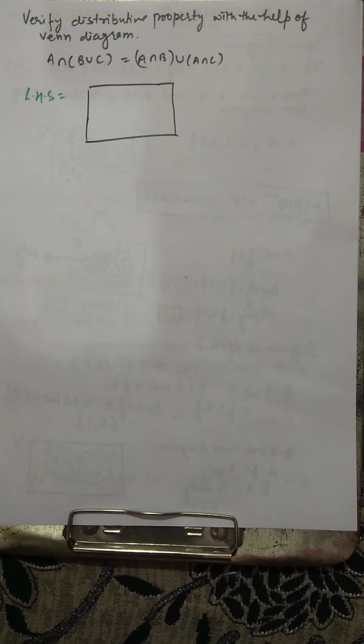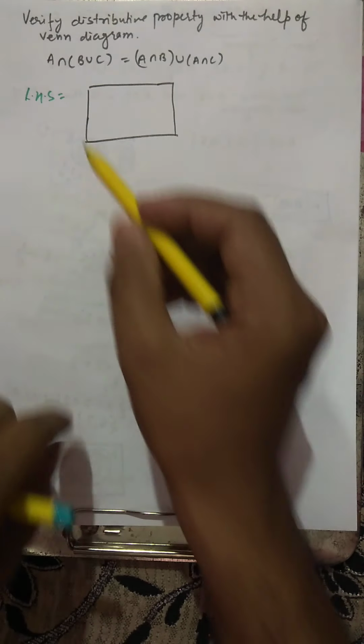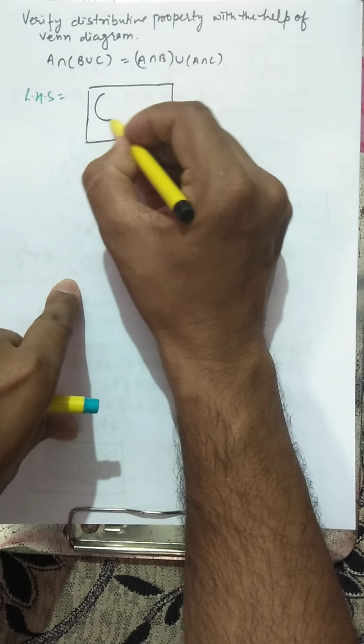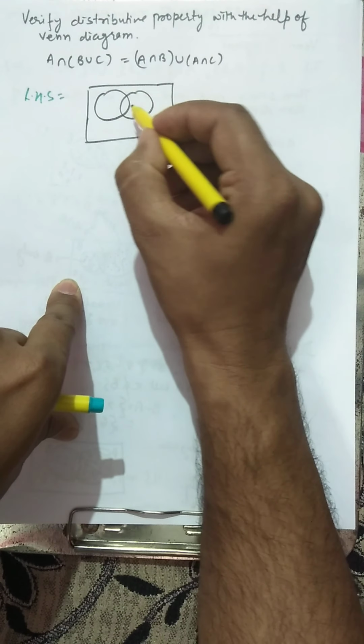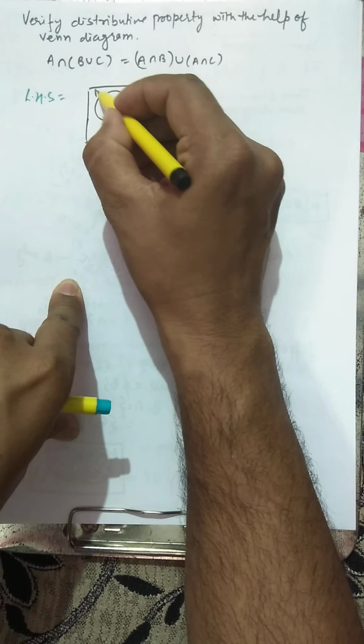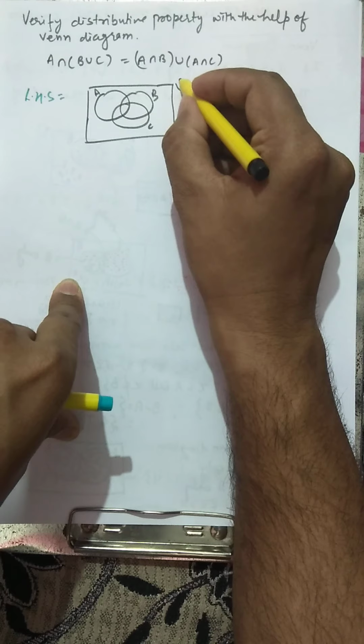So we are taking this particular case, and you can explain that way also, that A, B, C are joint sets. So I'm taking, let's say, this is A, this is my B, and this is my C, and this is my universal.